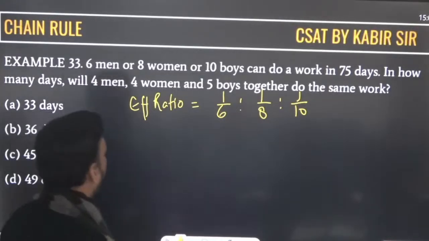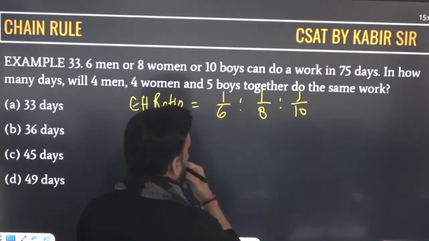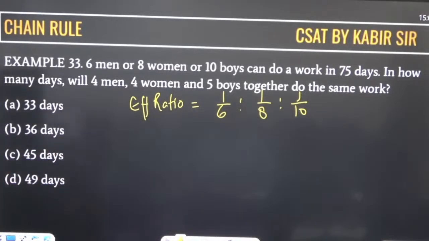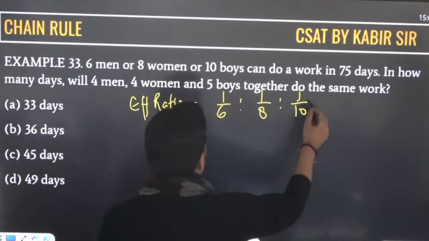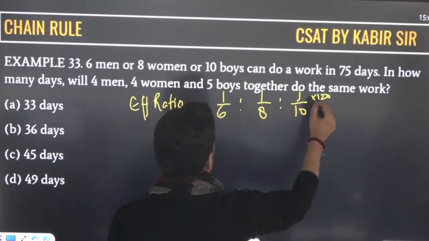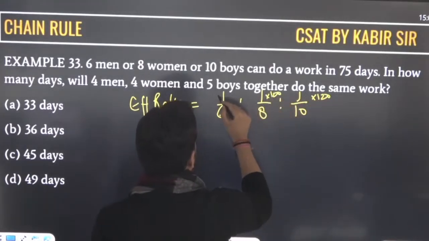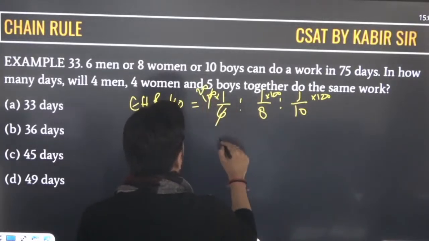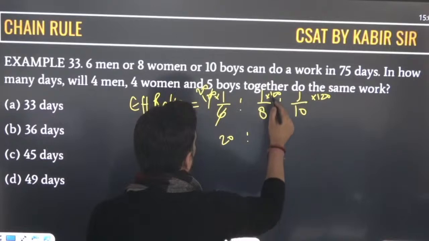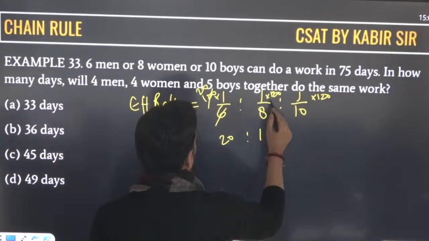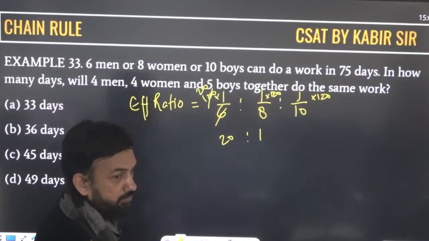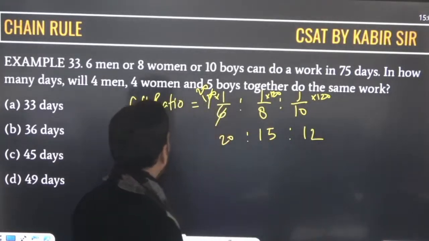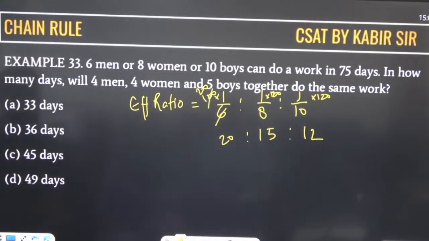The LCM will be 120, right? We'll multiply with 120. This will become how much? So this is their efficiency ratio, right?